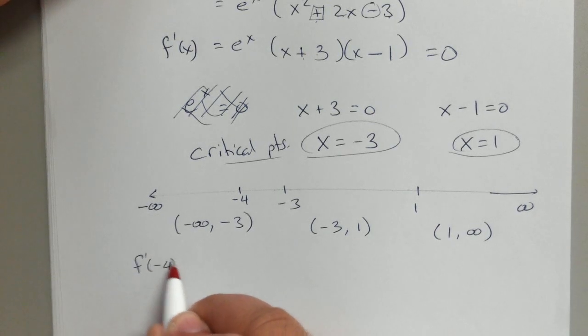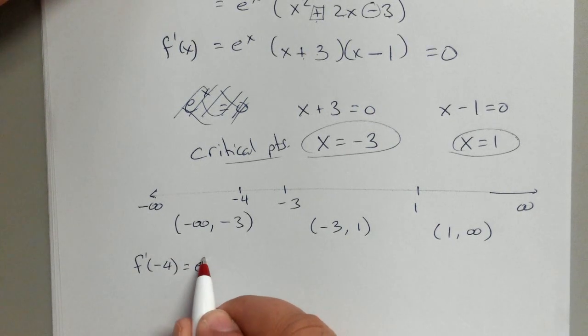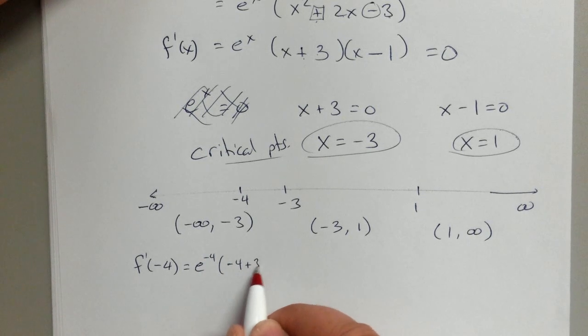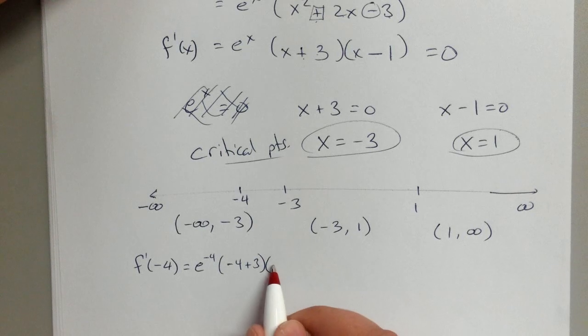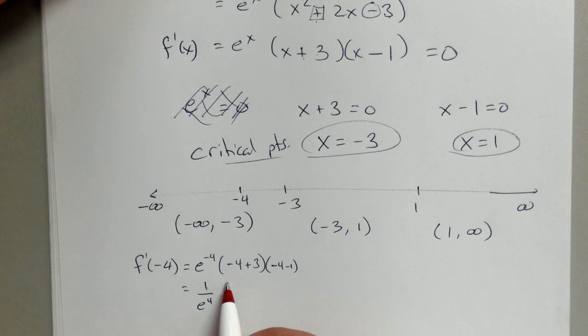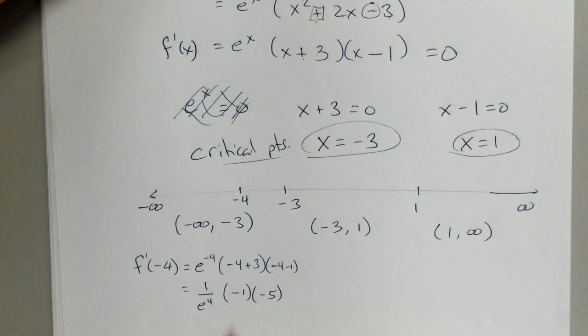F prime of negative 4: e to the negative 4, times negative 4 plus 3, times negative 4 minus 1. Negative 4 plus 3 is negative 1. Negative 4 minus 1 is negative 5.